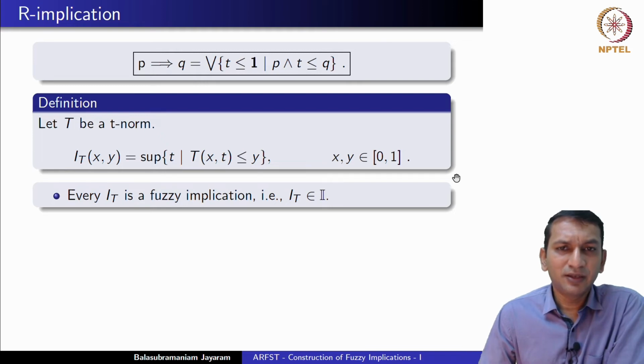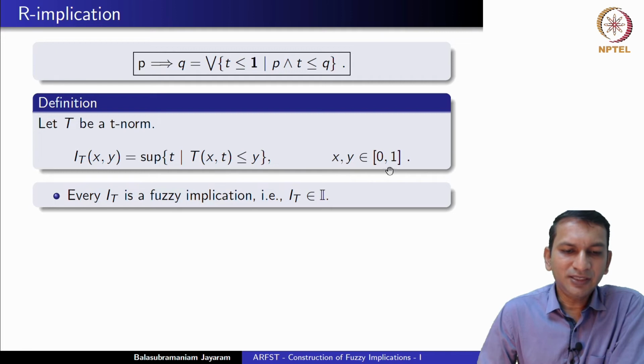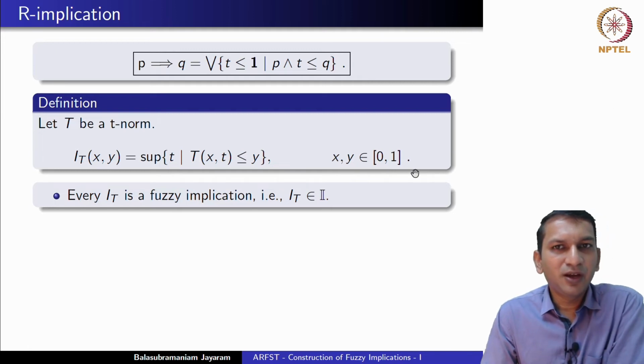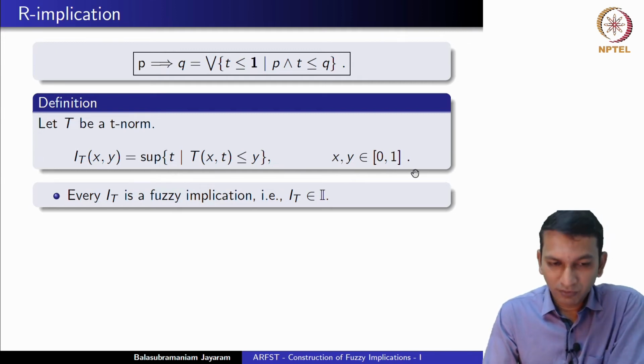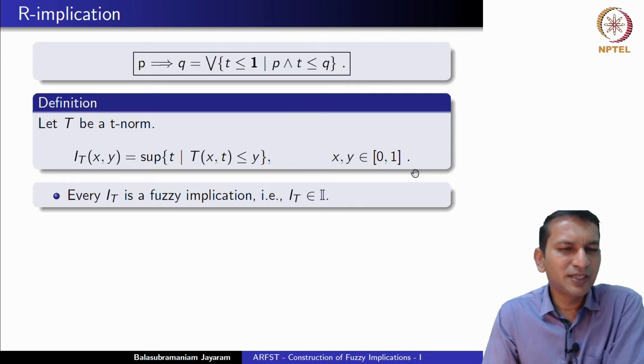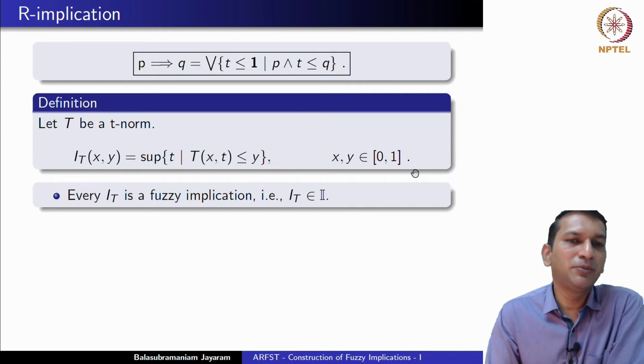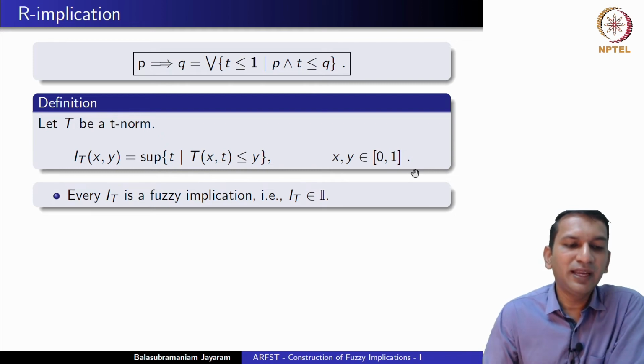This can be seen without much difficulty. If we consider the sets, we will see how to look at this when we discuss some properties. Perhaps from there you may be able to easily prove it to yourself that indeed this formula does give a fuzzy implication.